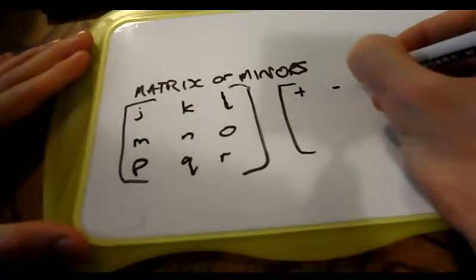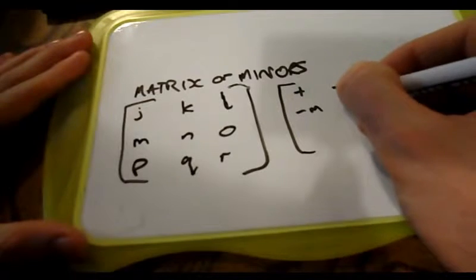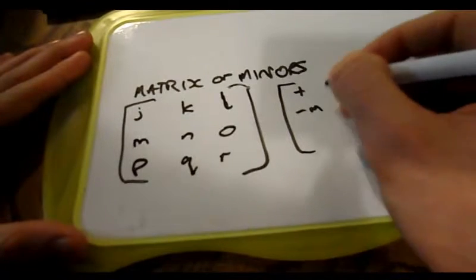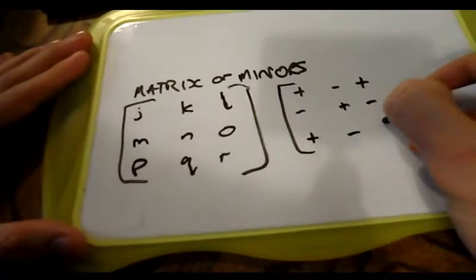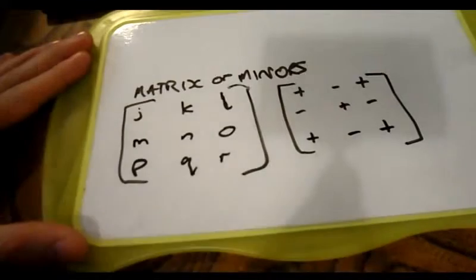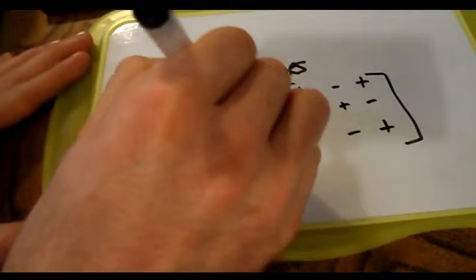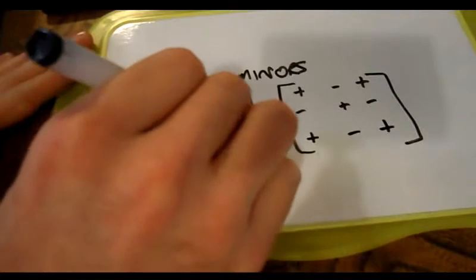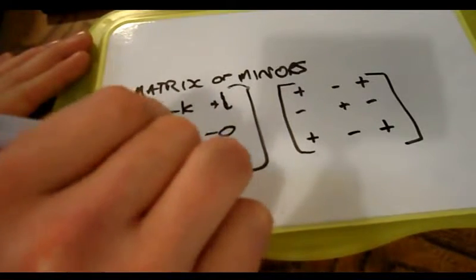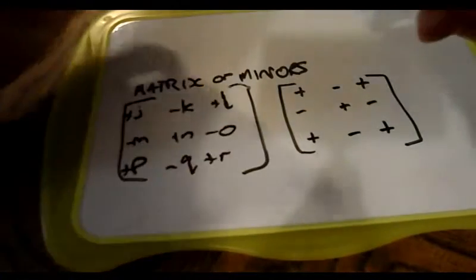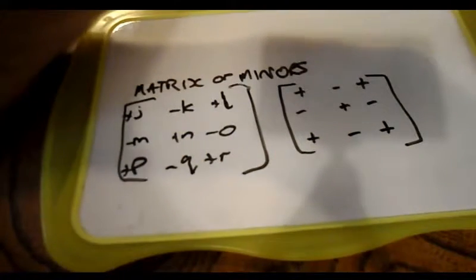It's not really a matrix, but we're going to change the signs. So we're going to apply these signs to the matrix of minors. So plus, minus, plus, minus, plus, minus, plus, minus, plus. So you can see that if, for instance, K was 6, it would then become minus 6. If K was minus 6, it would become plus 6.